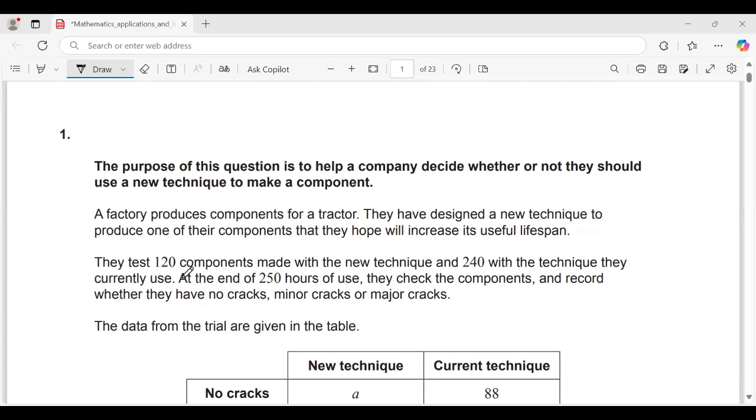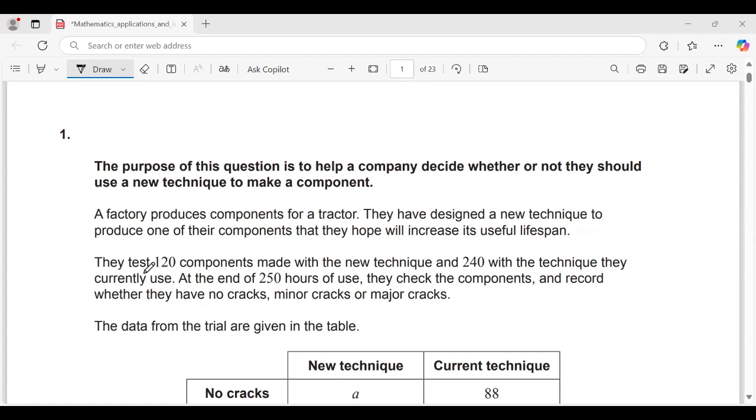Number one, the purpose of these questions is to help a company decide whether or not they should use a new technique to make a component. A factory produces components for a tractor. They have designed a new technique to produce one of their components that they hope will increase its useful lifespan.